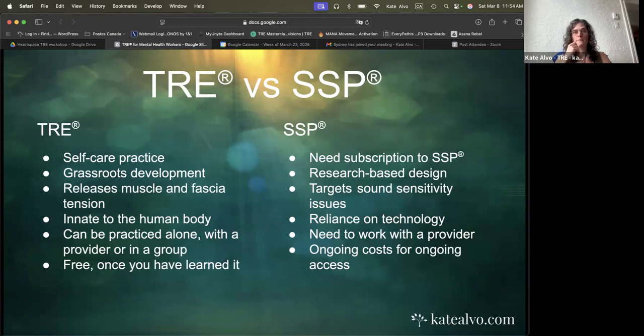And there's a lot of developmental trauma, kids growing up with only one parent, kids who never learned to self-regulate because they didn't have any good co-regulators. For all of those situations, I would say it's important to have a provider at the beginning to help establish yourself in TRE, learn it, and get the most out of it.